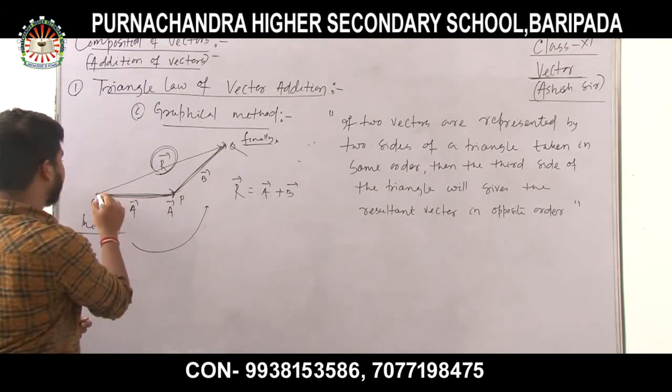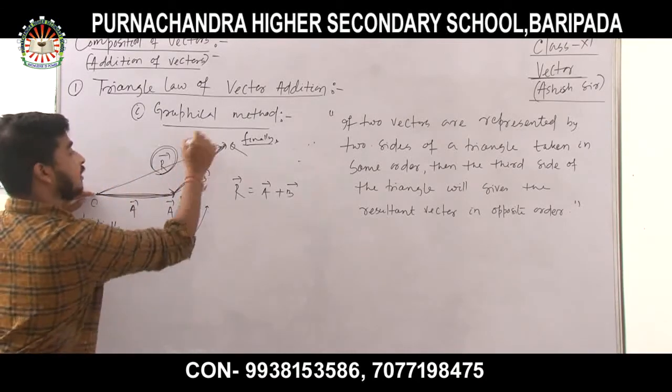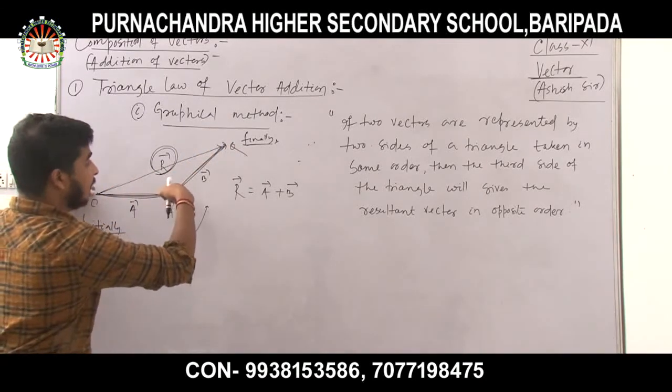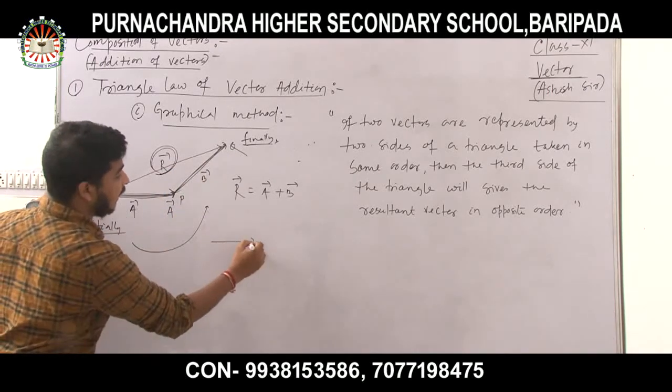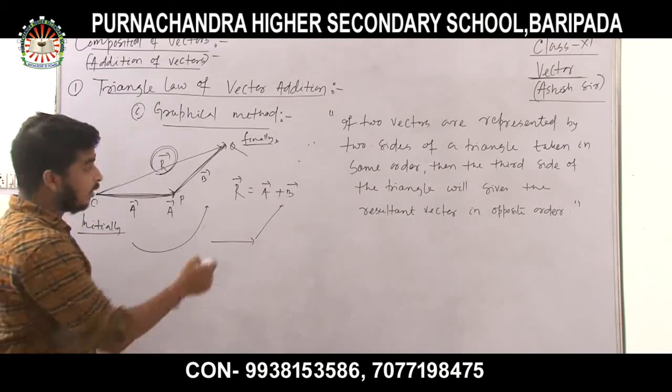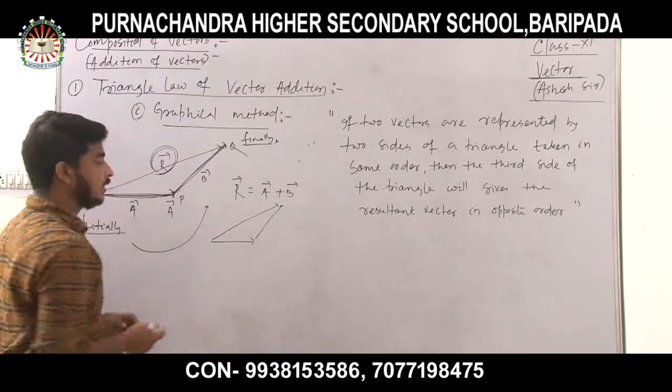But look, O to Q. If O to P and P to Q directions are here and here, then this is the resultant vector.